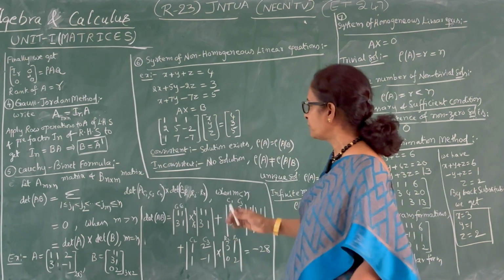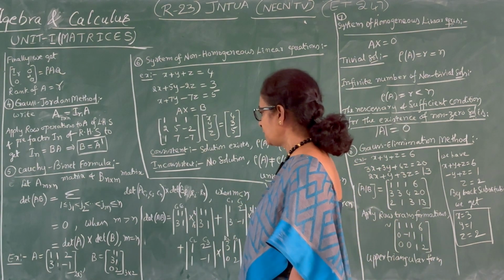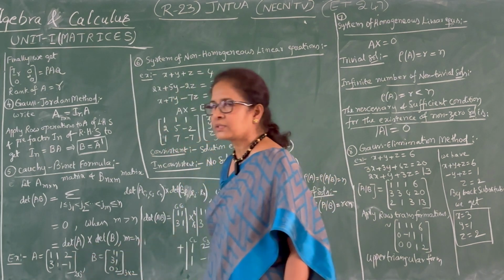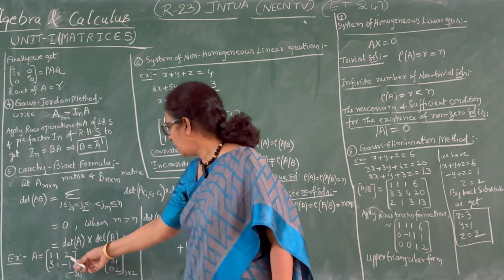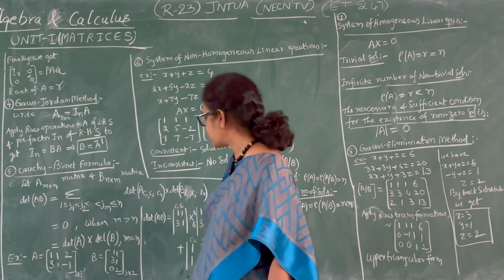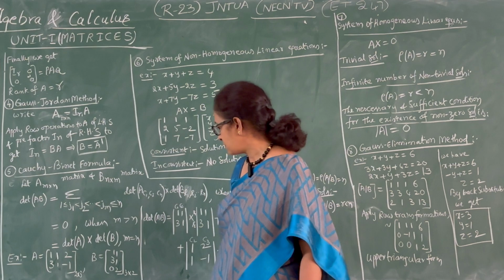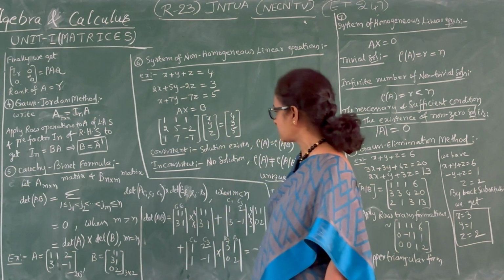In the first case, when m is less than n, I am taking one example to understand this case. Here A is 2 by 3, 2 rows and 3 columns. B is 3 by 2, so 3 rows and 2 columns.